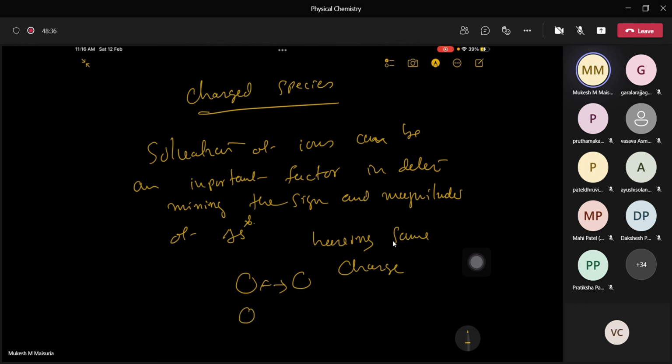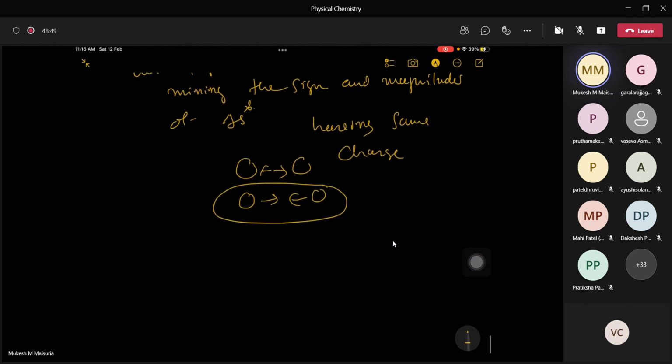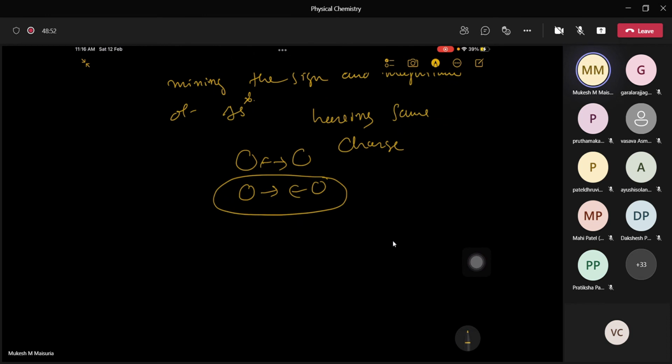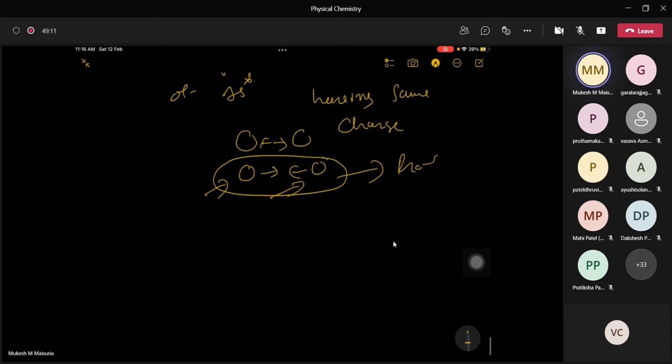And if the ions are of different charges, obviously chances of collision increase. Chances of collision will be high, and accordingly the rate will change. Understand? If the frequency of collision is high, obviously the chance of reactant molecules converting into product will be high. So accordingly we get the product. And obviously the rate will change accordingly.